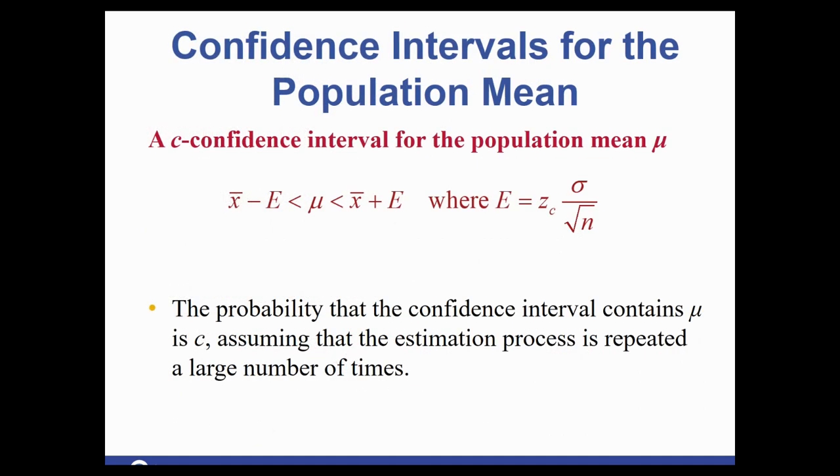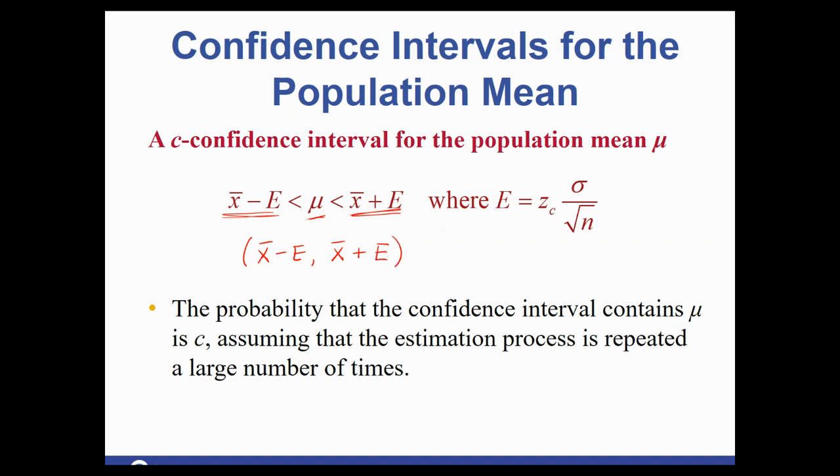Now, once you've done that and you've found your margin of error, this is where the confidence interval is written at the end. So you see this setup where our population mean is somewhere in between these two endpoints. But in fact, the way we're going to write it when we submit our homework and on assignments is where we find those two endpoints and write it in interval notation.